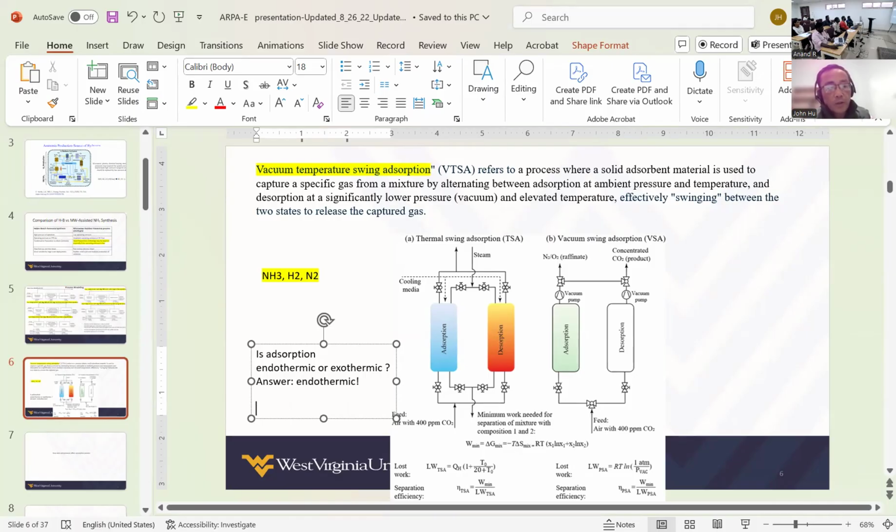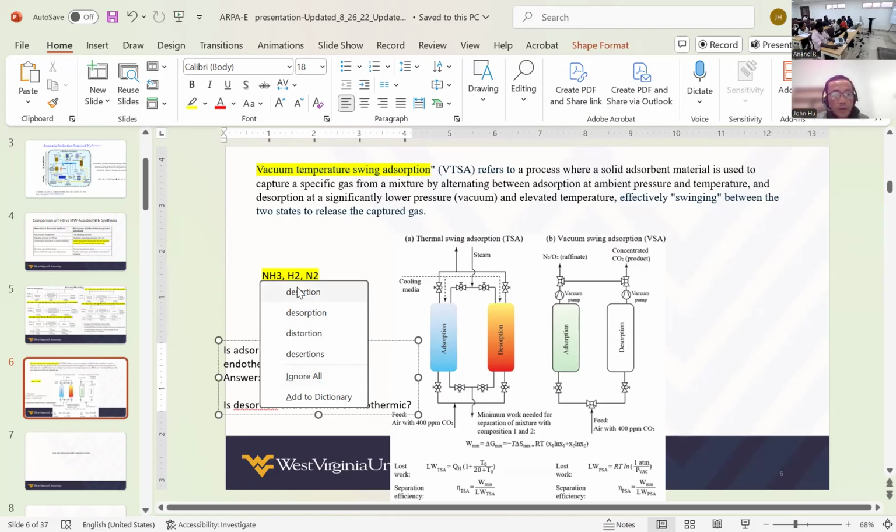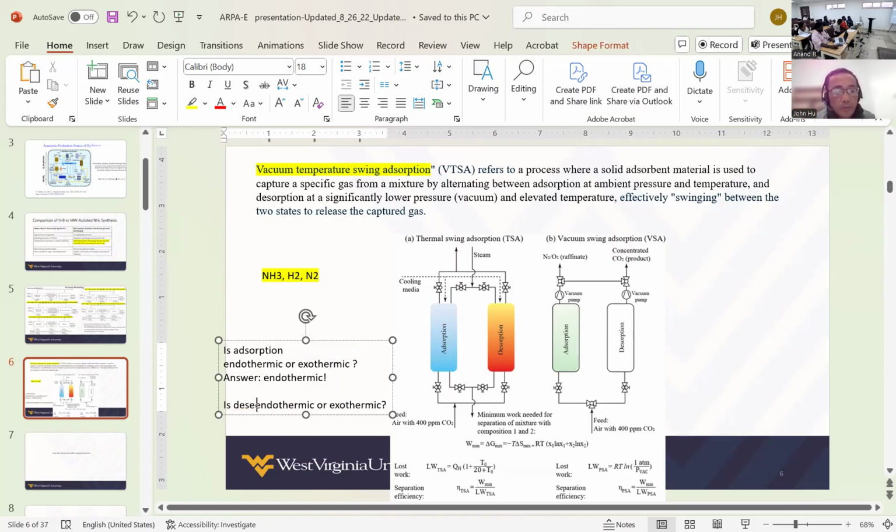Okay, here's another question. Is desorption endothermic or exothermic?